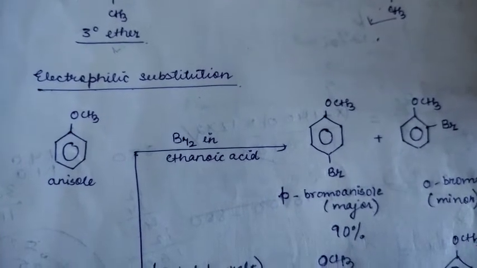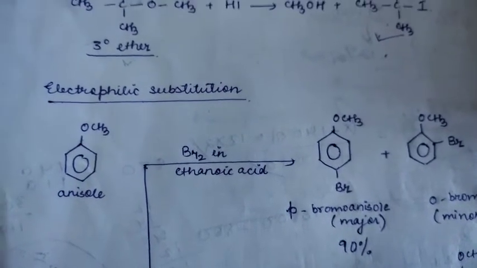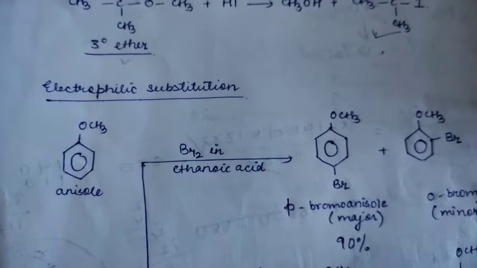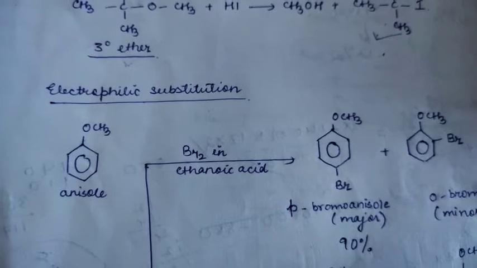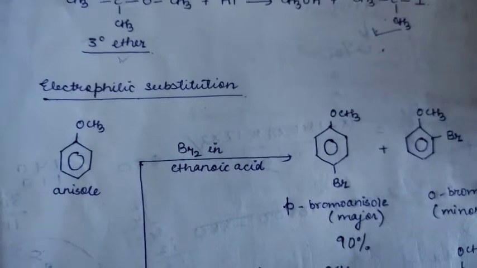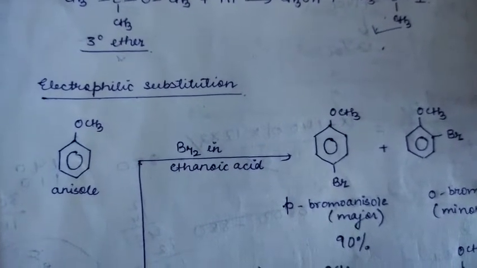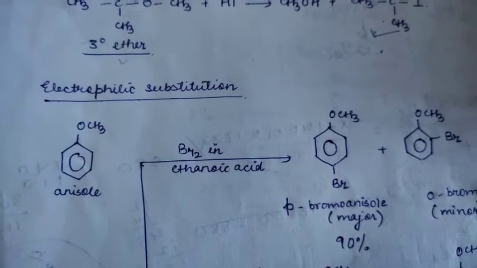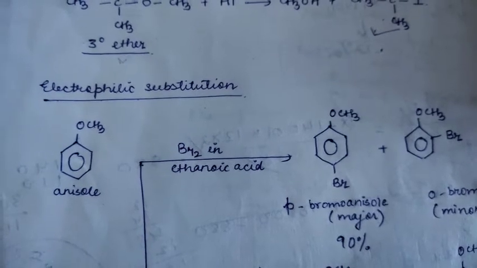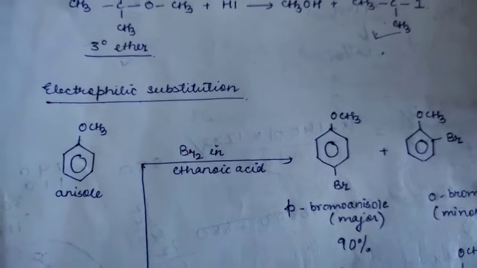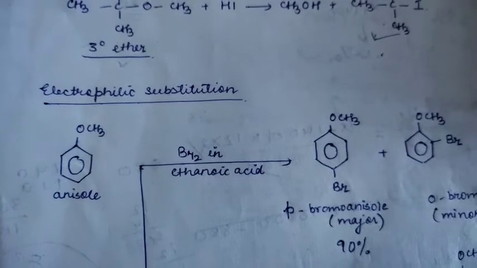Those electron deficient species will be more comfortable to attack where there are more electrons, or negative charge, because positive attracts the negative. If you draw the resonance structure, you can see that the meta position does not hold the negative or electron density, but in the ortho and para positions you can see the resonance.